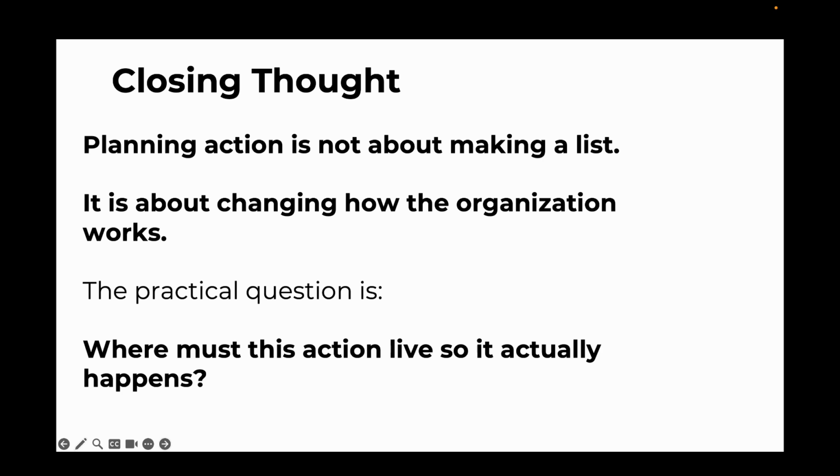A significant aspect must influence control, monitoring, emergency preparedness, or improvement. So, the question is not only what action should be open, the better question is where must this action live so it actually happens? That is how planning action becomes environmental management in practice.